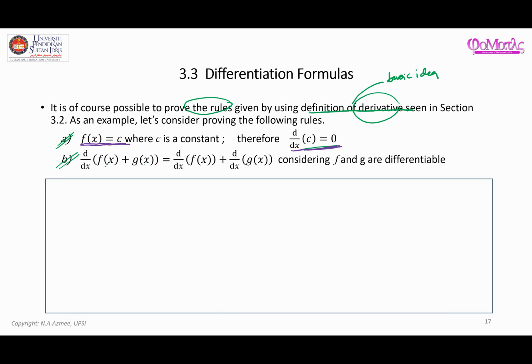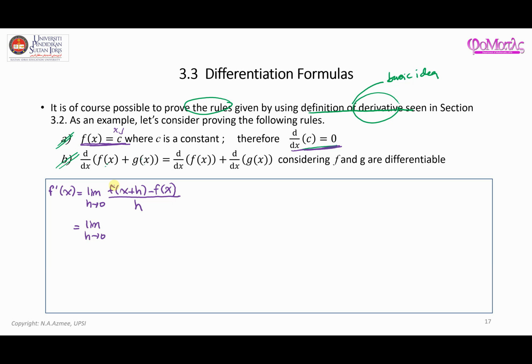So let's start off with the definition of derivative, which is the limit as h approaches 0 of f(x plus h) minus f(x) over h. You need to substitute x plus h into the function, but notice that in this function there is no x. Therefore, you cannot substitute anything into this function because it is a constant.